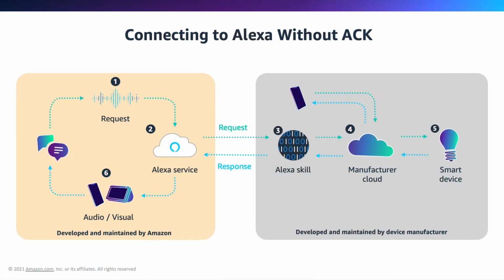The directive is sent to the smart home skill, which in turn talks to the device manufacturer's cloud. The cloud communicates to the smart device and sends an instruction to turn the device on. When the device acknowledges the operation, the response goes back through the device manufacturer's cloud, Alexa skill, Alexa services, and is finally transformed into a voice confirmation on, for example, your Echo device.